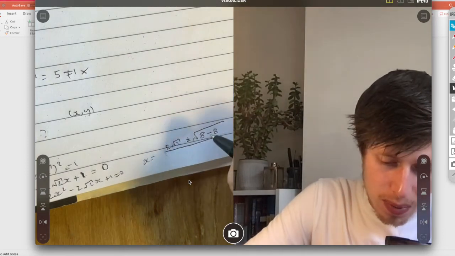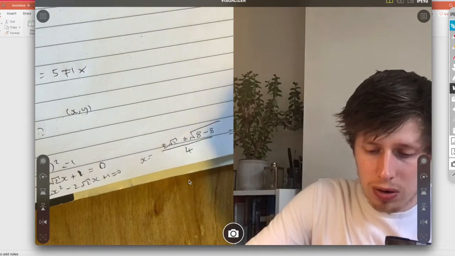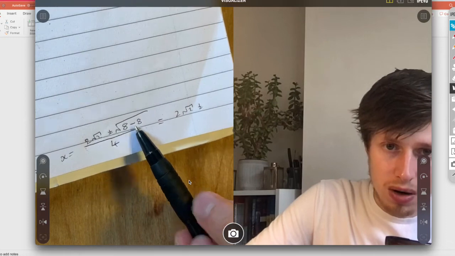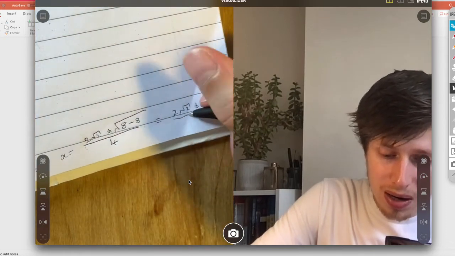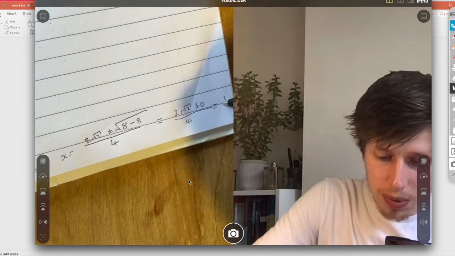Yes, that's what I'm expecting to happen. All over 2a. Now this is going to be 2 root 2 plus or minus the square root of 0, which is just 0, over 4, okay? And that's going to give me just one number, 1 over root 2.